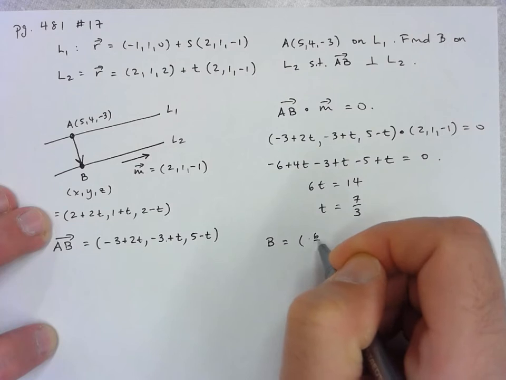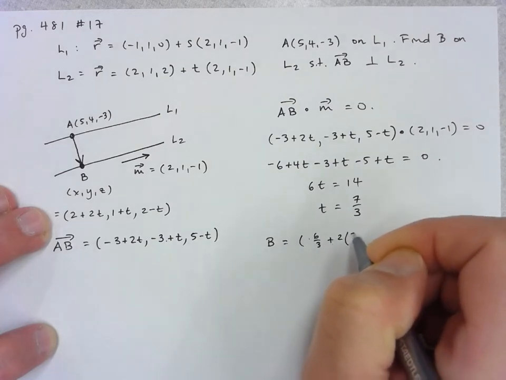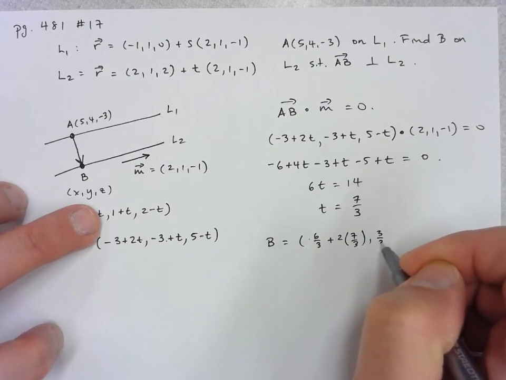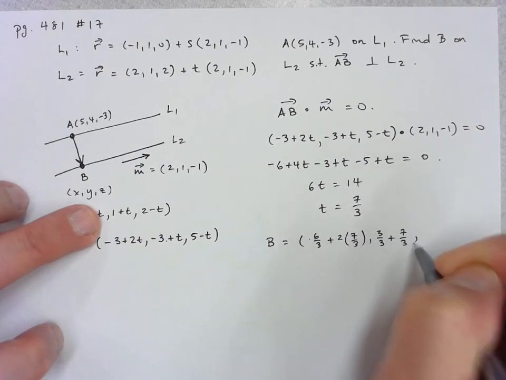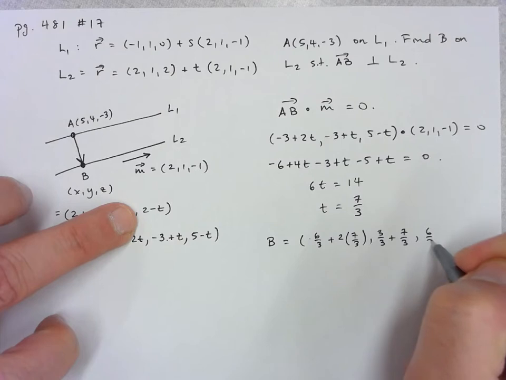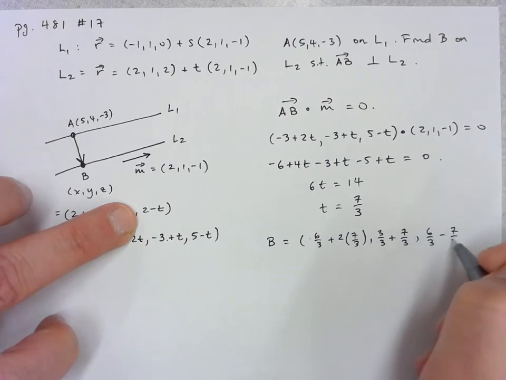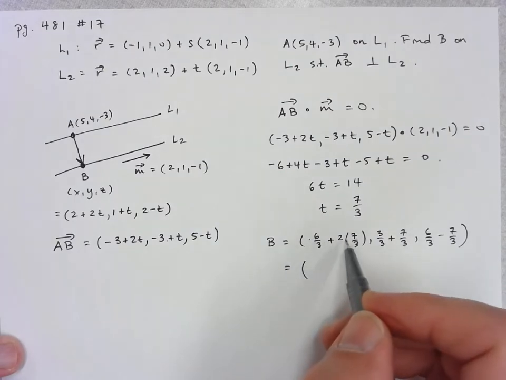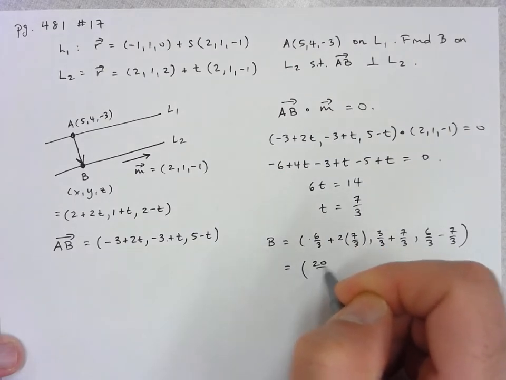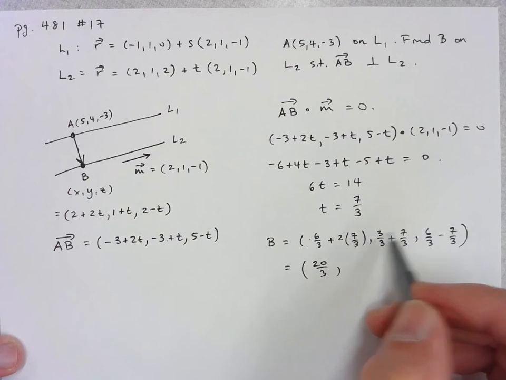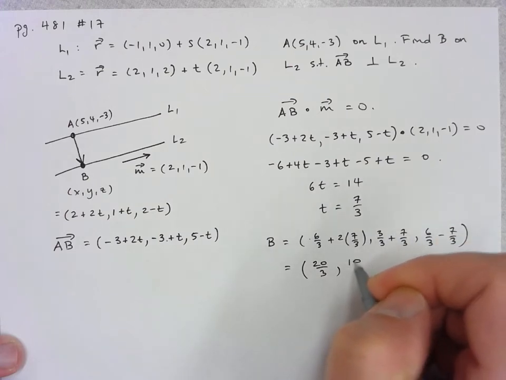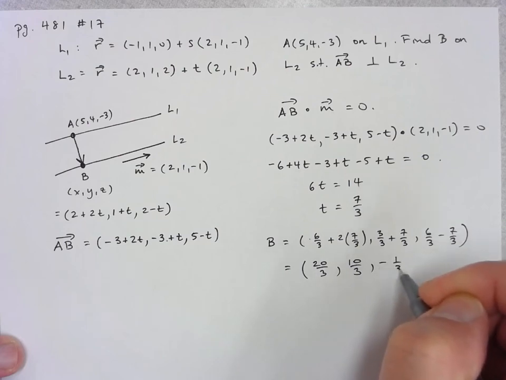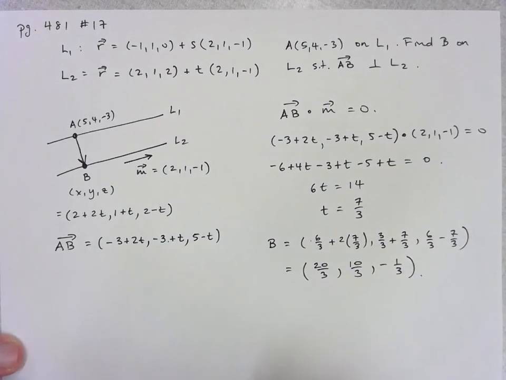That's 6 over 3 plus 2 times 7 over 3. Then 1 plus t is 3 over 3 plus 7 over 3. And 2 minus t is 6 over 3 minus 7 over 3. So we have 6 plus 14, so 20 over 3. Here we've got 3 plus 7 is 10 over 3. And here 6 minus 7 is negative 1 over 3.